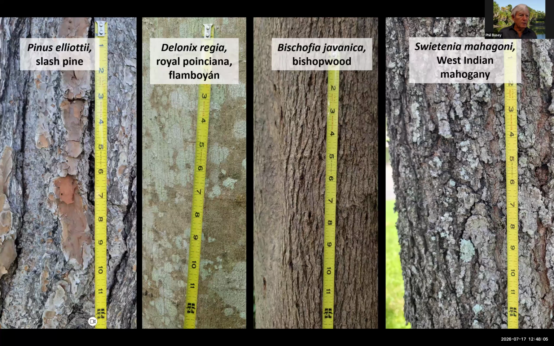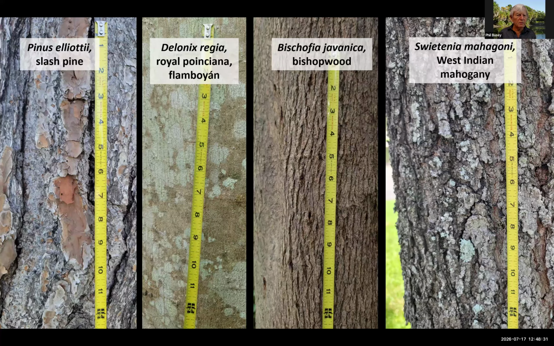They're not platy like the Pinus elliottii, the slash pine on the far left, but they spread, unlike the live oak. Delonix regia, Royal Poinciana, flamboyant, second from the left, a very smooth bark. Bischofia javanica varies a bit. It's got narrow ridges.